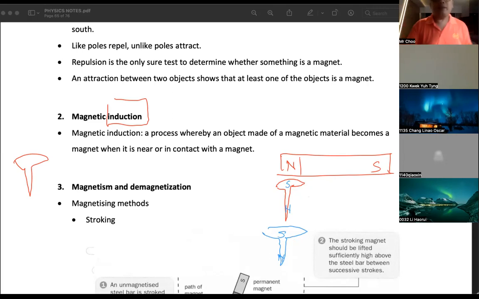When you remove the magnet, both of these will lose the magnetism almost immediately. So the act of putting a magnetic material near a magnet and it becoming magnetic is called magnetic induction. It is not permanent. It just becomes a magnet because it's being attracted to a magnet. Is that clear?